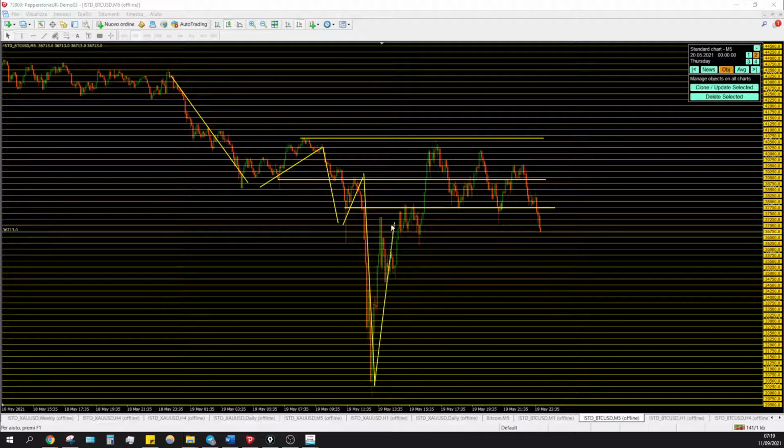Made a new lower low, then we made a new higher high, failing to make, we're still making new higher lows, but we are failing to make new higher highs, and then this breakdown from this resistance, we have to check how it will react here.